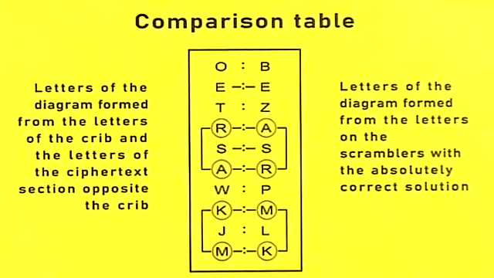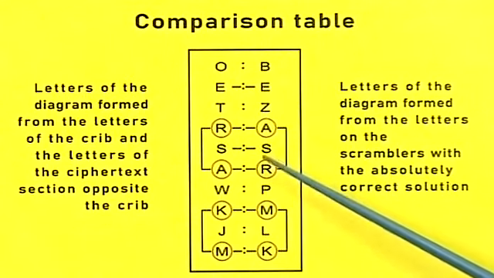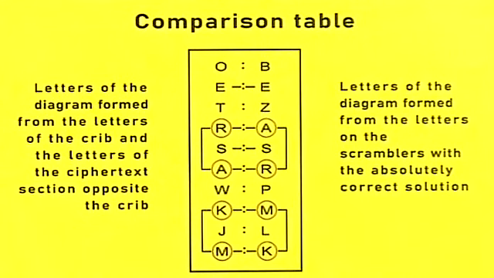The first exception is if the two same letters are at the same height in the comparison table, as is the case here and here, the rule does not apply.